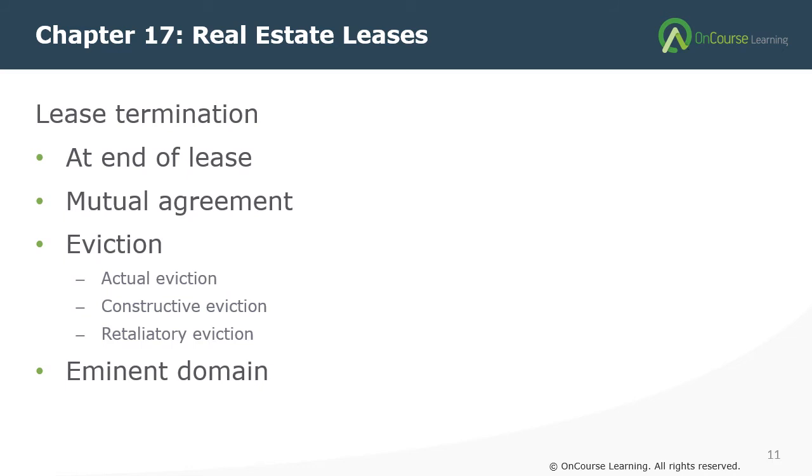In that case, both the owner of the property and the tenant would be entitled to just compensation. And finally, a mortgage foreclosure. If the lease is subordinate to the mortgage on the property and the mortgage is foreclosed upon, then the lease terminates.